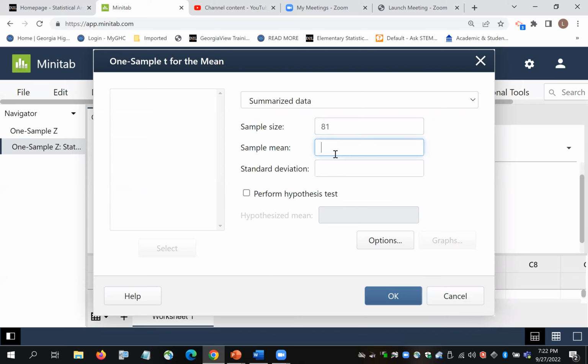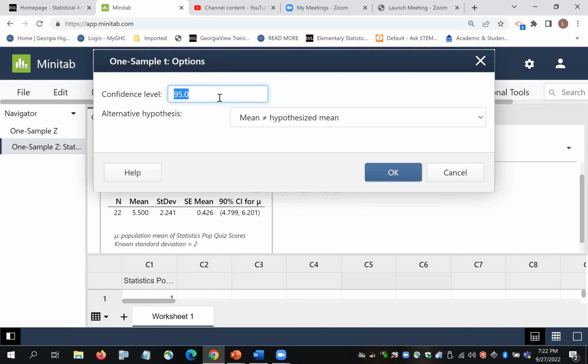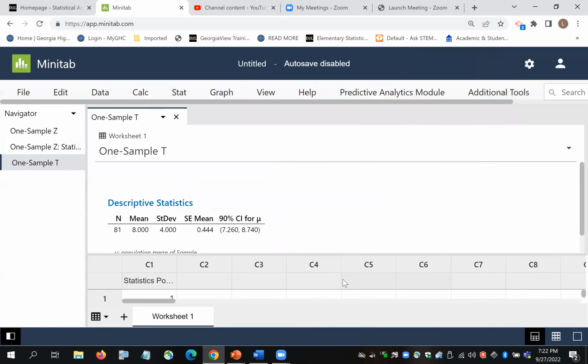My sample mean was 8. The standard deviation, notice it no longer says known. Now it's just called plain old everyday standard deviation. It's 4. Again, I go to options. I want a 90% confidence interval. Again, my alternative hypothesis remains at not equal. I hit OK, OK, and I get my results.